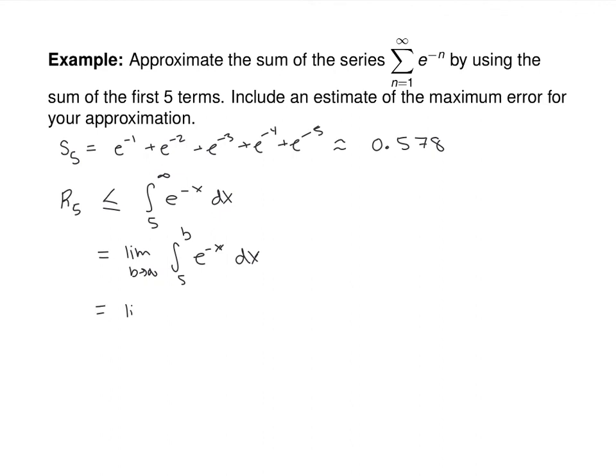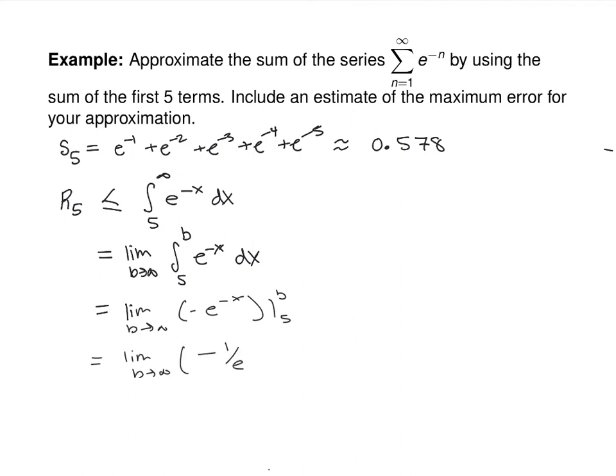Now an antiderivative of e to the negative x is negative e to the negative x, evaluated from 5 to b. So that's the limit as b goes to infinity of negative 1 over e to the b plus 1 over e to the fifth. And that's about equal to 0.0067.